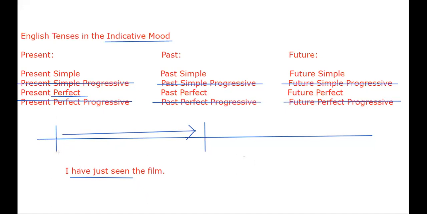The present perfect starts at one point, remember, right here, and goes up to another point. Whereas the past simple is just, if I erase this, a single point in the past. So that's the difference. So here we have, I have just seen the film.